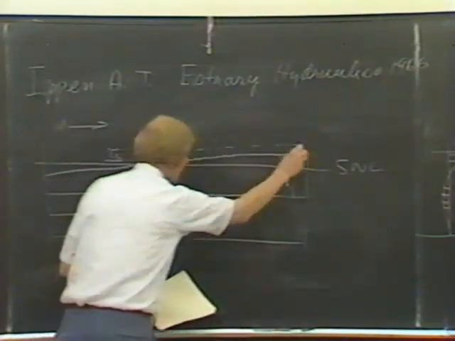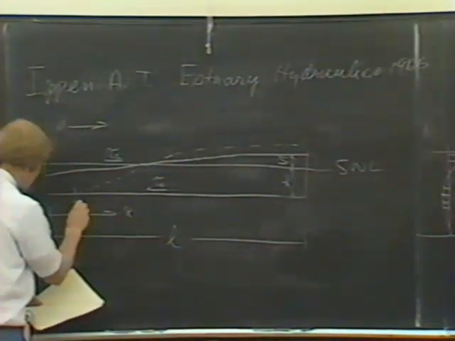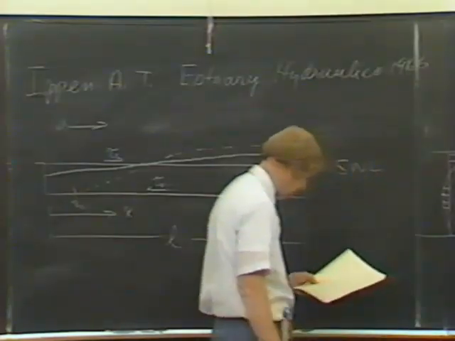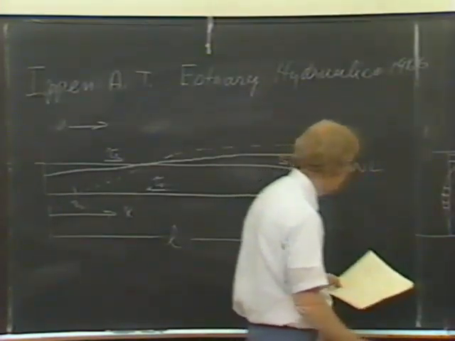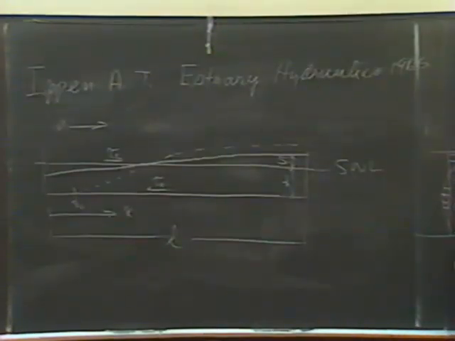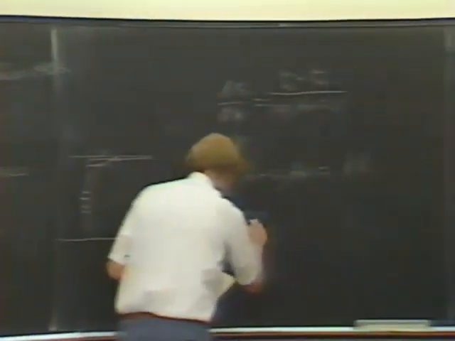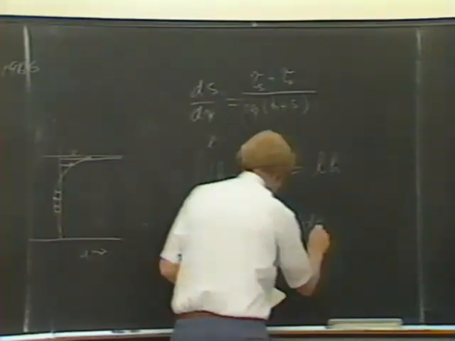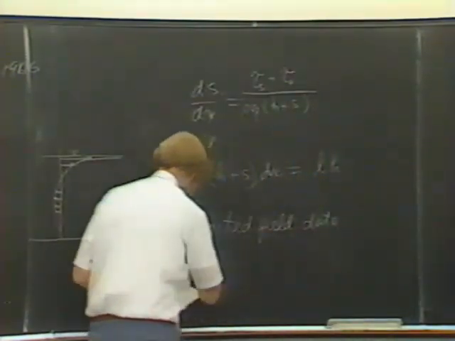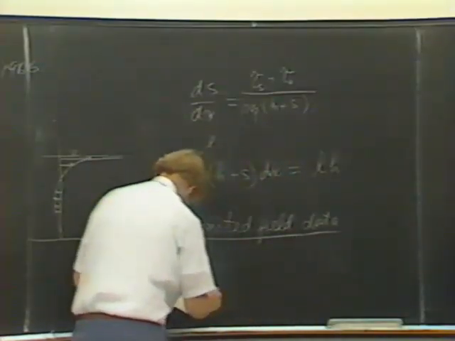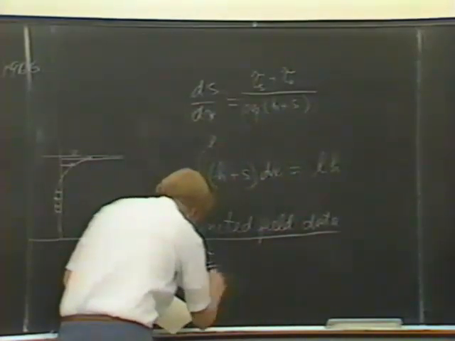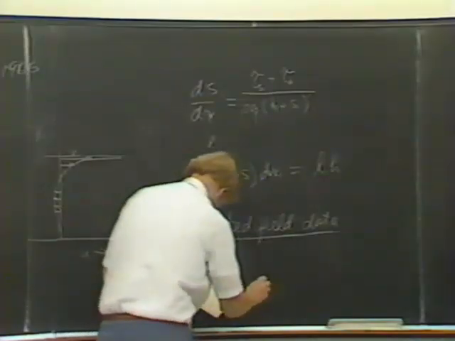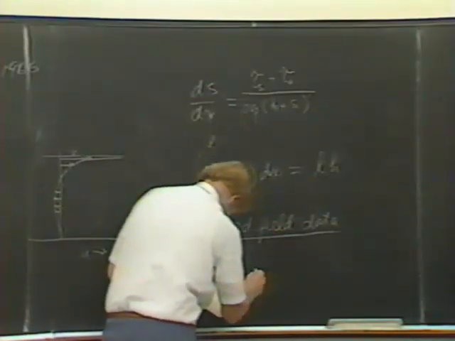Now from limited field data, and I'll emphasize that by writing it down, it shows that tau s over rho g is equal to 3.0 times 10 to the minus 6 times U squared, where U is the wind velocity here, divided by g.